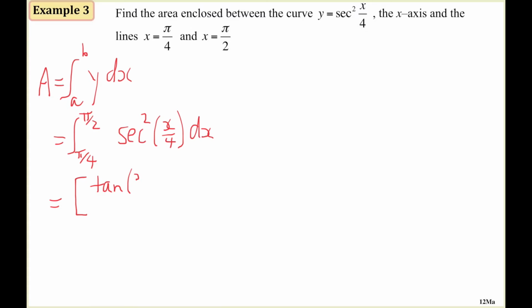You get tan x on 4. But when you're integrating, if there is an angle other than x, you've also got to divide by the derivative of the angle. Now the derivative of 1x over 4 is 1 over 4. And it's from pi on 4 through to pi on 2.